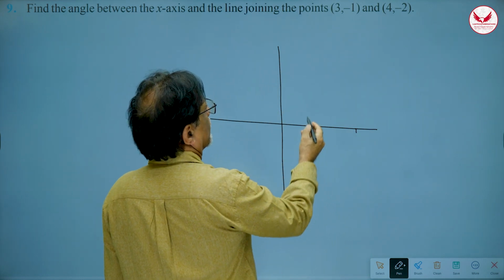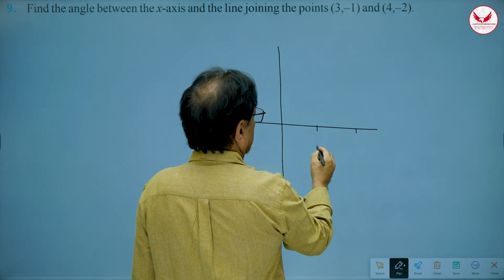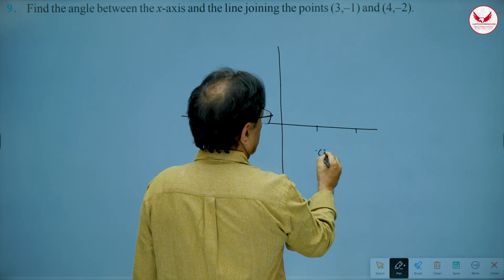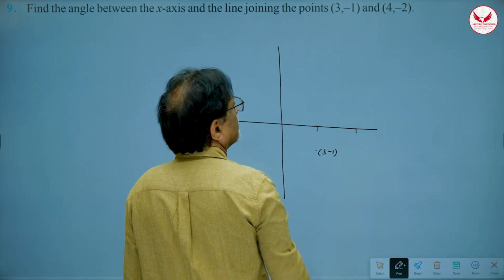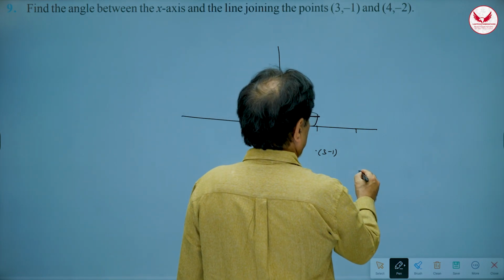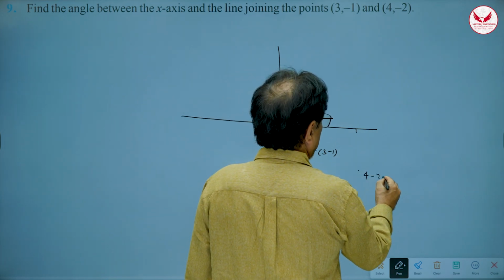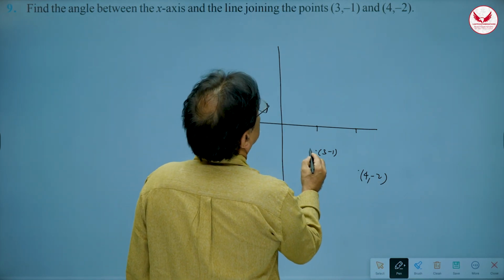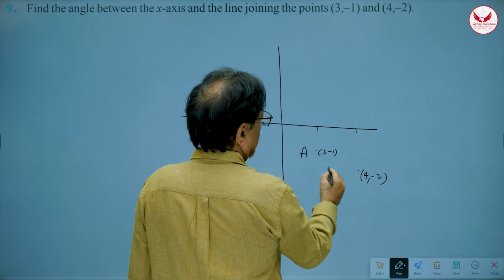But the y coordinate in the first case is minus 1, so it is somewhere here. So (3, minus 1), and the next point is (4, minus 2). So these are the 2 points. Let us call them A and B.